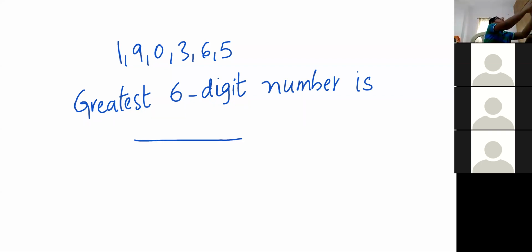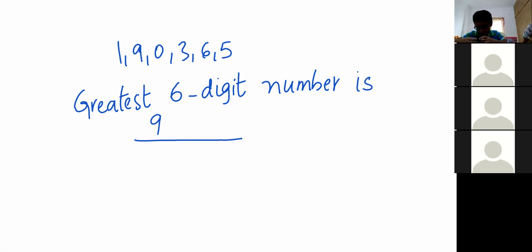See, let me create a greatest 6-digit number now. For that sake, what I said, you have to go through the descending order from the greater number to least number. It is very easy to find out the numbers from greater to least number onwards. See here, out of these 6 digits, which one you feel it as greater one? It's 9, right?